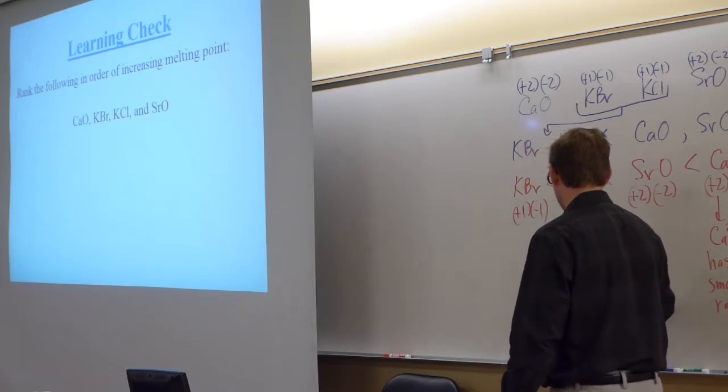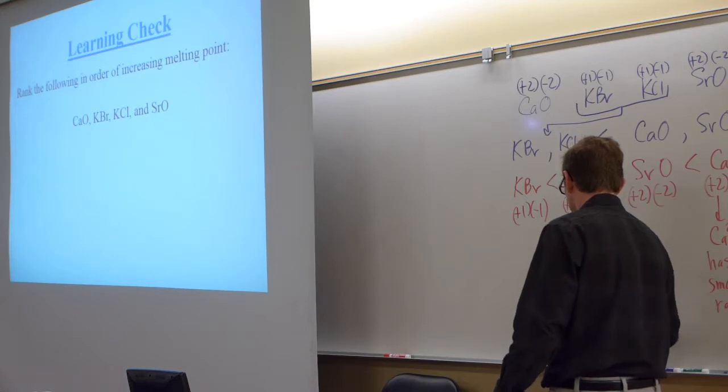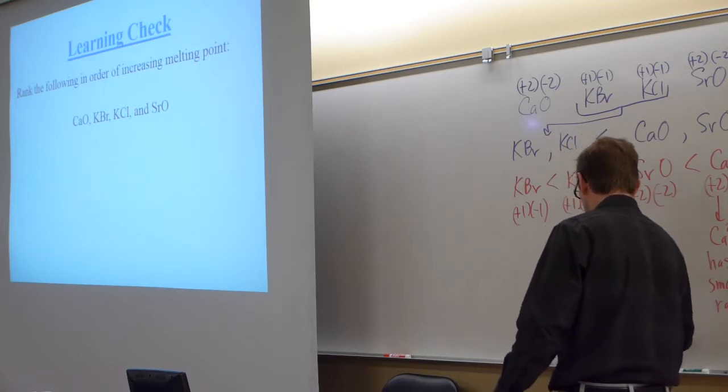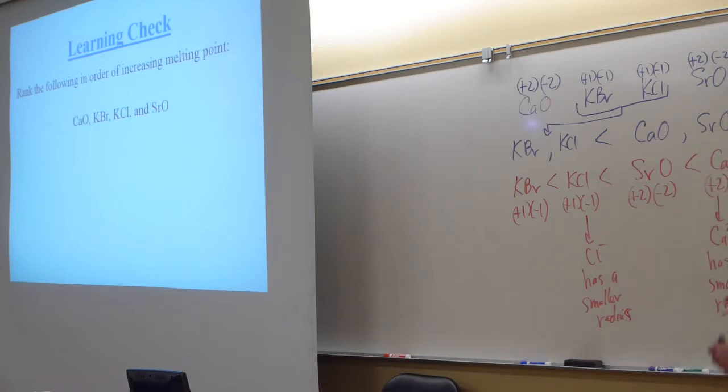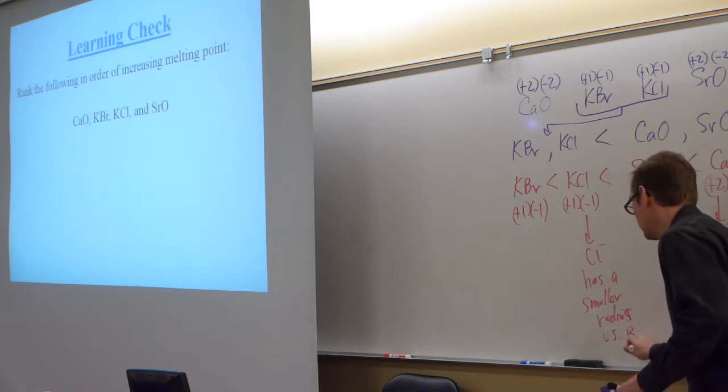Cl- has a smaller radius. Just to reason it out. Just to be more clear, versus Sr2+ down here, right? Versus Br-. Okay.